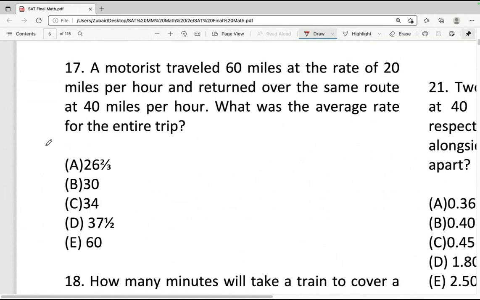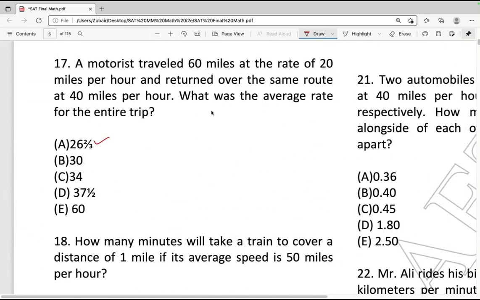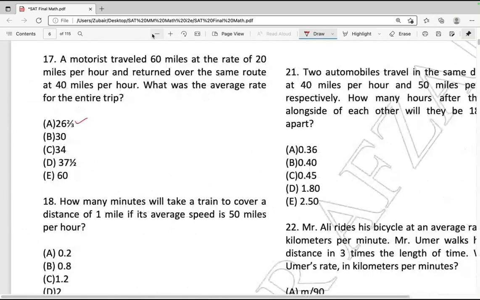I got A. That is correct. Mahad, your answer? I also got the answer. That is good. So you see, Mohammed, some questions do take time, but the difficulty level may be the same. It just spreads over the statement and in two sections.